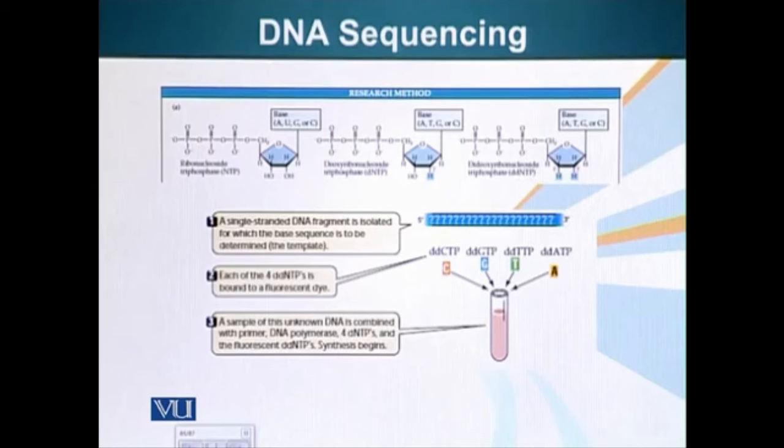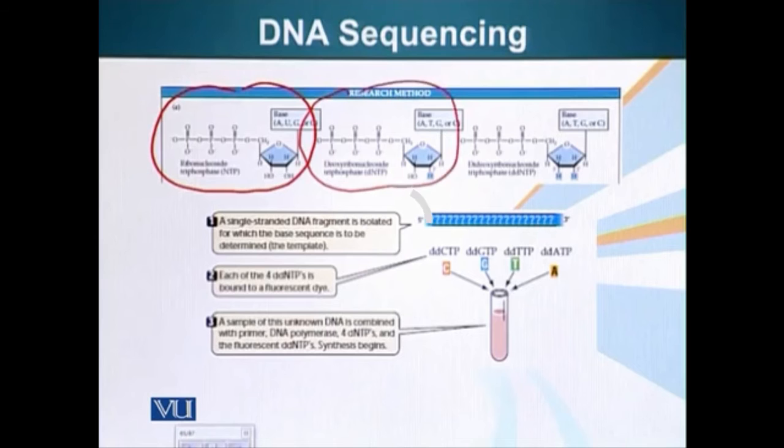First of all, let me introduce you to the DNA nucleotides once again. We are familiar with ribonucleosides. We are familiar with the deoxyribonucleosides. Here I am going to introduce you a new type. This is dideoxyribonucleoside.